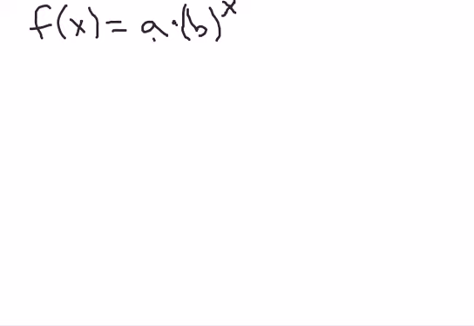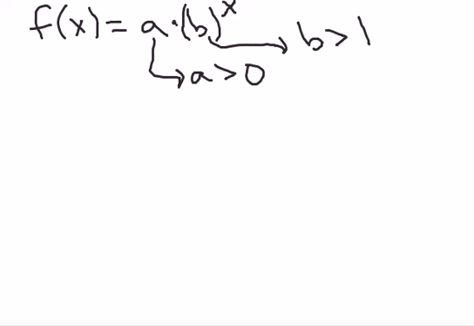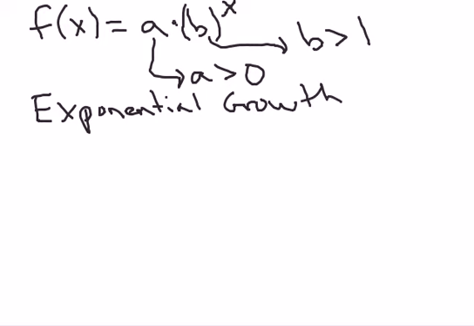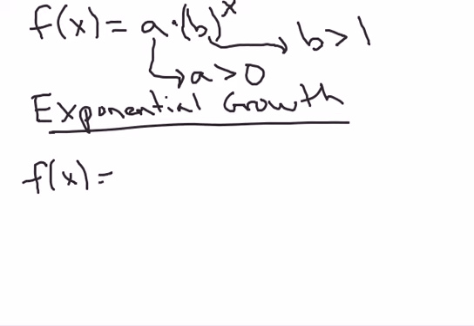with a being greater than 0 and b being greater than 1. So this is for exponential growth. Okay, and then you can have exponential decay, which just has one feature that's different.